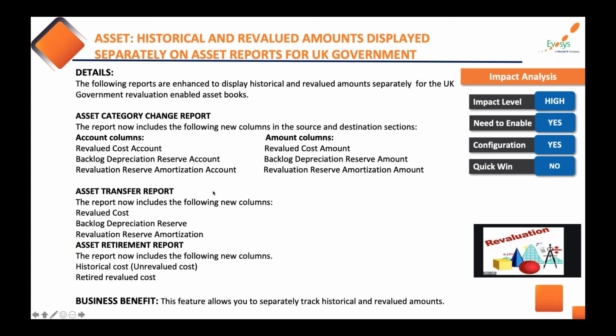From our impact analysis point of view, the impact level is high. Why? Because you have to configure certain accounts, take certain requirement sessions, understand the business logic, and do certain configuration. But from a business impact point of view, it is going to be helpful to the UK customers specifically.